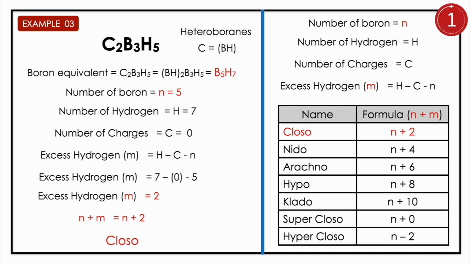If you substitute it, you can find M equals 2. M equals 2 means it's the Closo system. So C2B3H5 has Closo structure. The concept you have to learn here is carboranes are common. In that system, for carbon, you should write BH as boron equivalent.